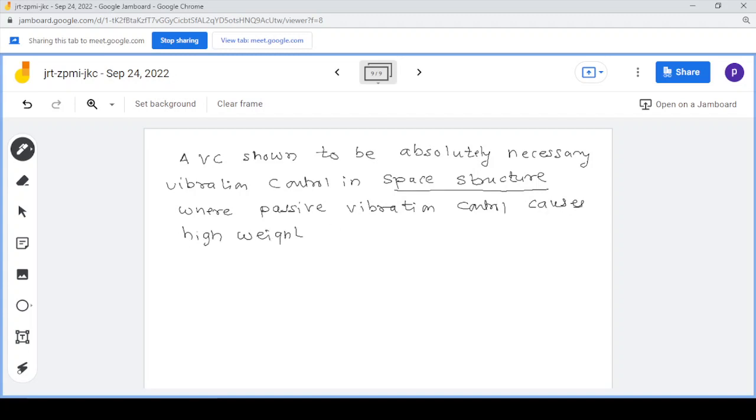Because whenever we are using flights, even for 1 kg increase of weight beyond the allowable limits, you know that a lot of money is charged. So that's why they are very strict about the weight controls of the flight.